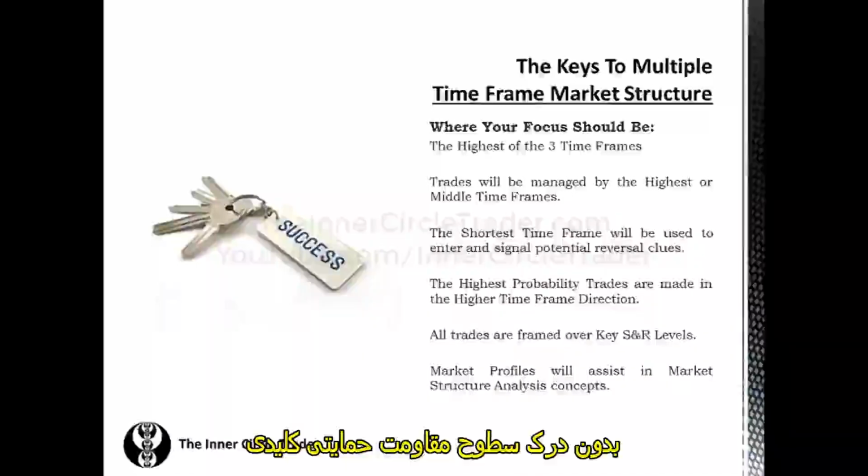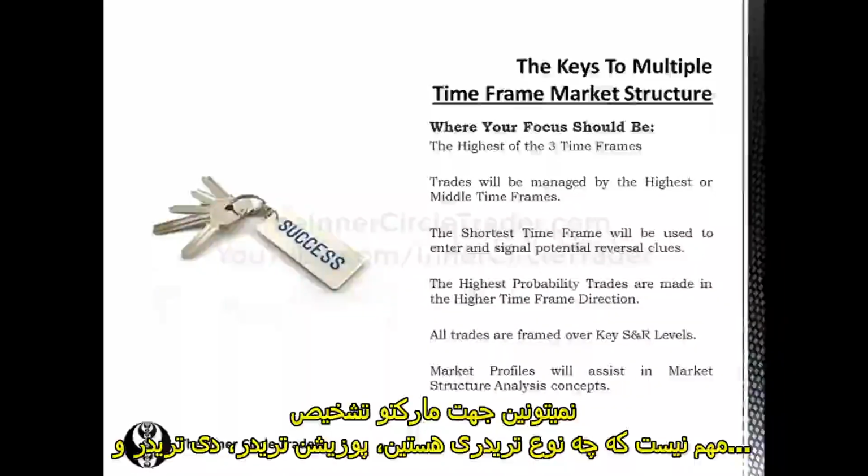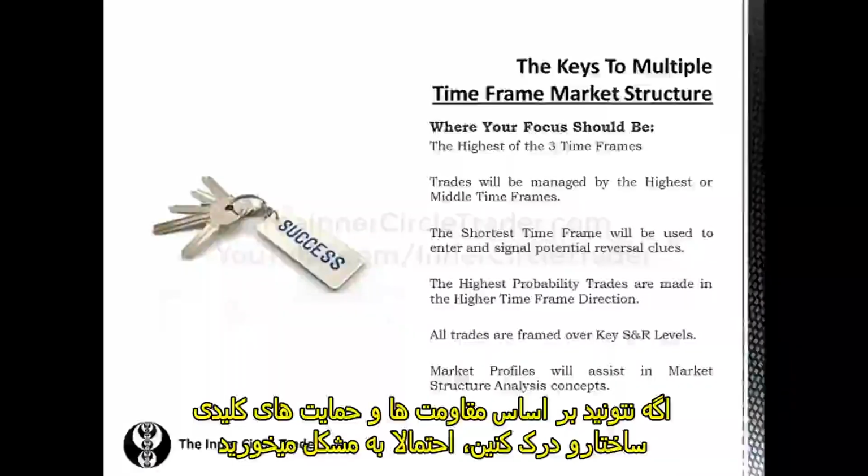Without the understanding of key support and resistance levels, you're not going to get to a directional bias regardless of what trading model you're using, position, day trading, whatever it is. If it's not framed on the premise of key support and resistance levels, it's probably going to be a struggling point for you as well.